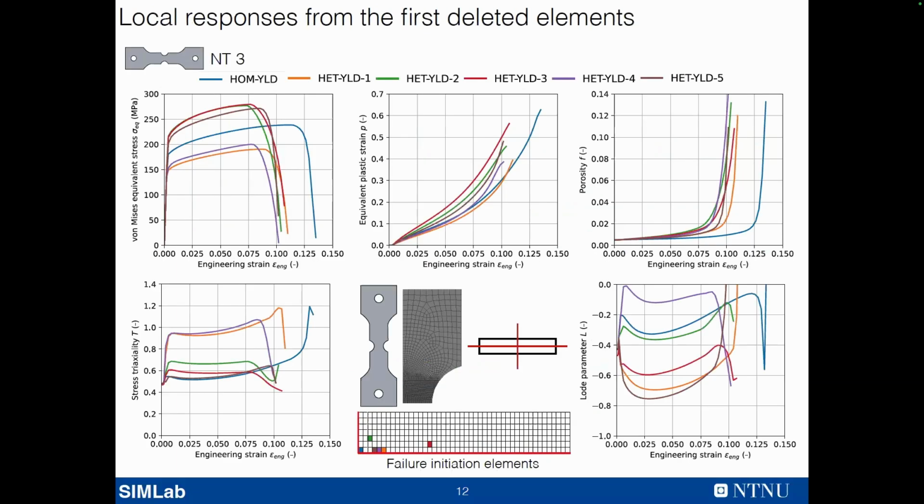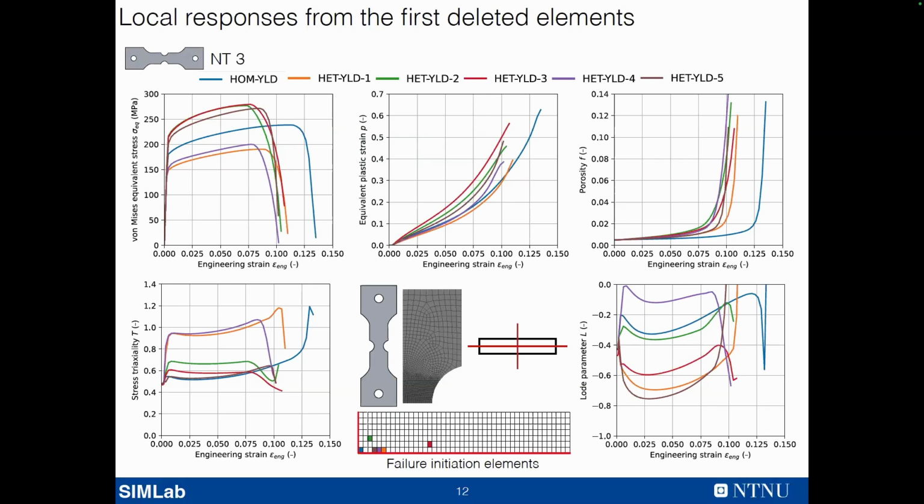If I try to look at some more local considerations, what I did in this slide is to take the small NT3 sample and plot different quantities like the von Mises stress, equivalent plastic strain, porosity, and the stress state in the first element that experienced failure in the different simulations. What we see, if I take the homogeneous model, which is the blue curve, is that failure initiated in the center of the specimen, which makes sense.